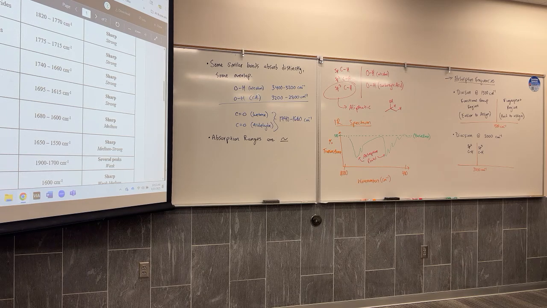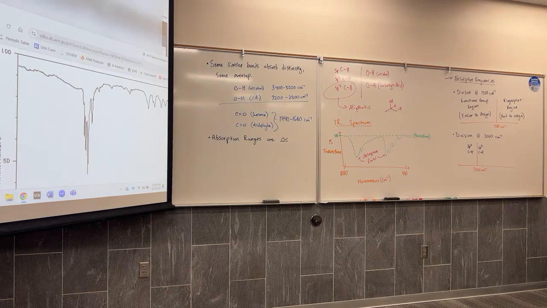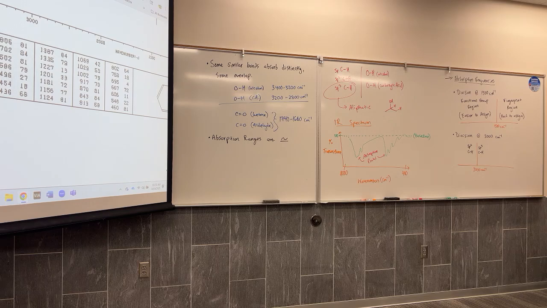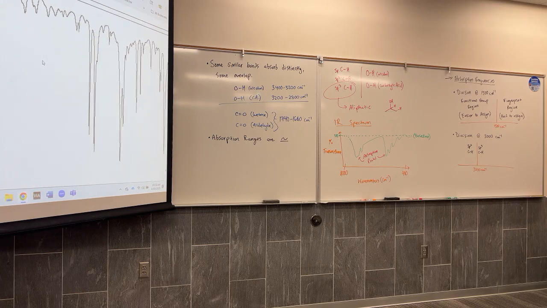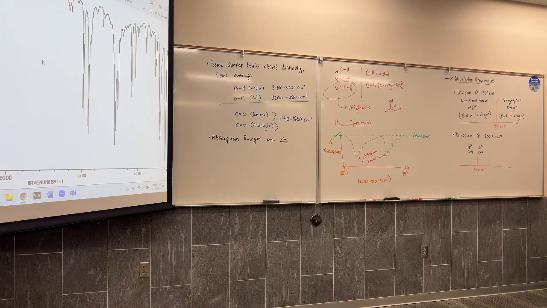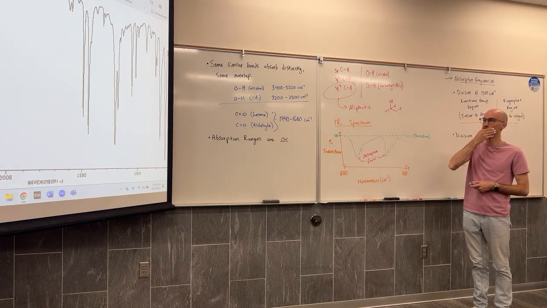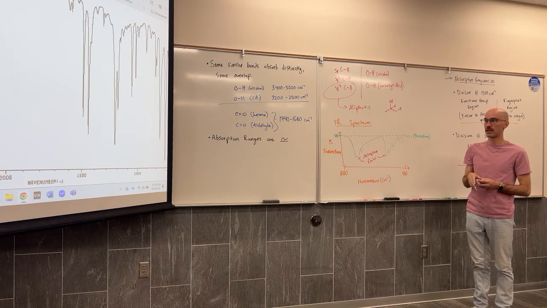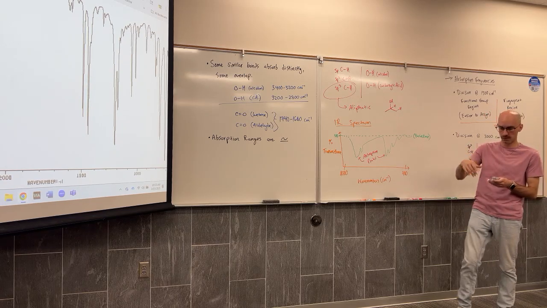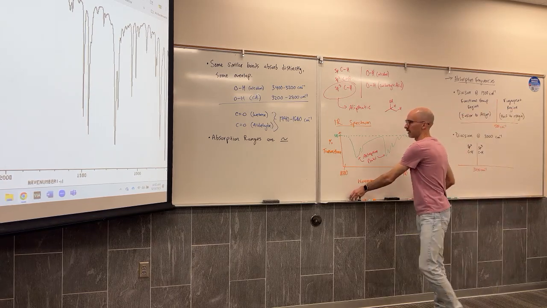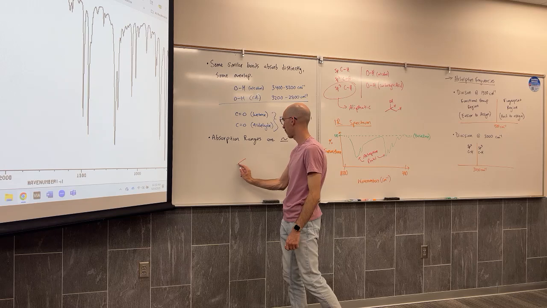Then what I would like you guys to do, just quickly, looking at absorption frequency, I want you guys to see if you can find the CC double bond for the aromatic ring on this spectrum. Remember that what we're looking at here is benzyl bromide.